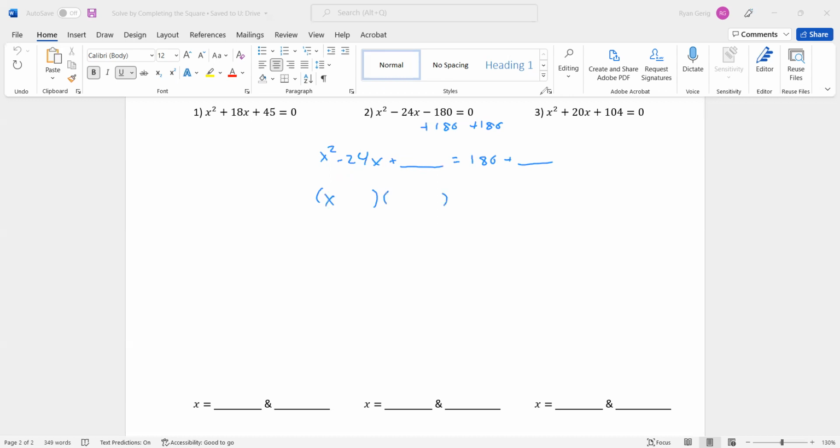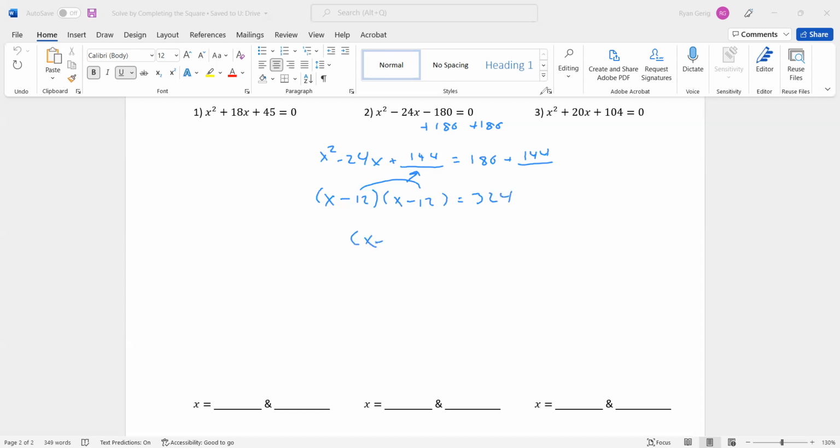What number times itself gives me negative 24? Negative 12. Okay. And so then to get the number on the line, I do negative 12 times negative 12 and put 144 right here. So 180 plus 144, 324.